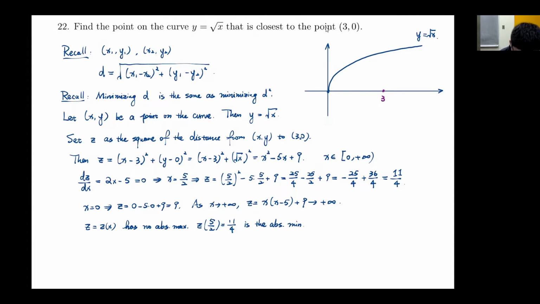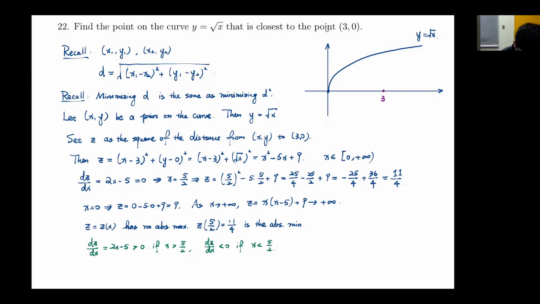Alternatively, you could also use the following argument. dz over dx equals 2x minus 5. So this will be greater than 0 if x is greater than 5 over 2, and less than 0 if x is less than 5 over 2.